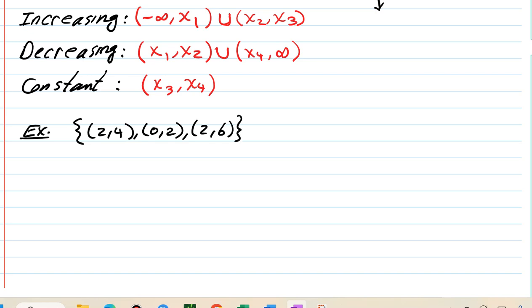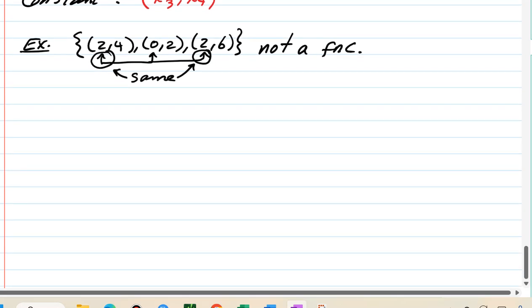We want to know if that relation defines a function. Now remember, we look at the first component, and the first numbers must be different. Aha, look at those two. These are the same. So that's going to rule out a function. This is not a function. See, it's that simple.